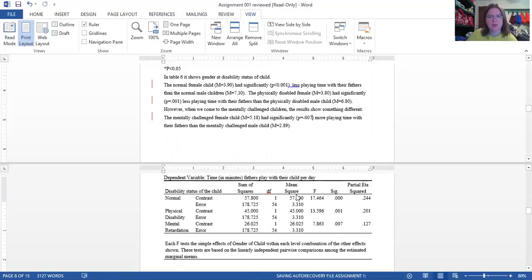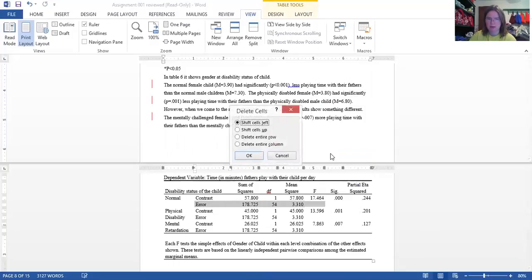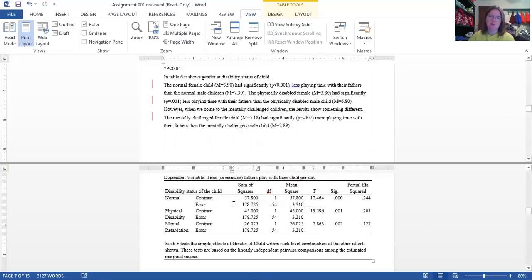Okay, so now we can just take out this right here, because remember, we're going to get rid of the error. Actually, we can't. You're going to have to copy and paste this a little bit, and if you do it in Excel, you can highlight the whole chart and get rid of the merged cells.